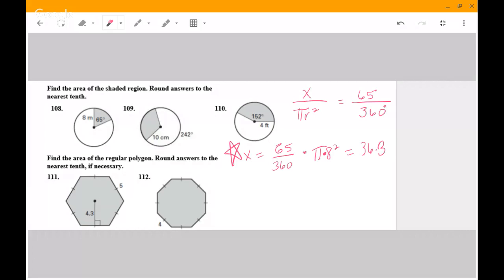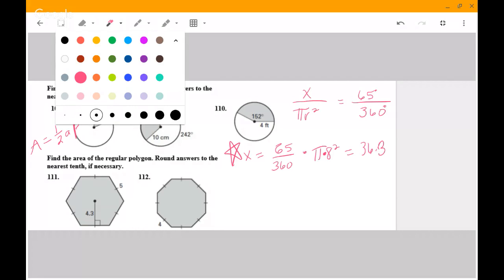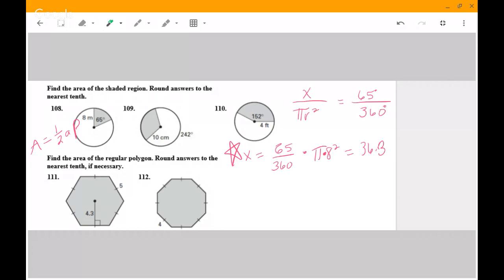So the area of the polygon. To find the area, the formula, I'm just going to write on top of this. Area equals 1/2 apothem times perimeter. So you need to know your apothem, you need to know the perimeter. In 111, of this type of problem, this is actually the easiest one you can be given, because you know the apothem and you know a side length.